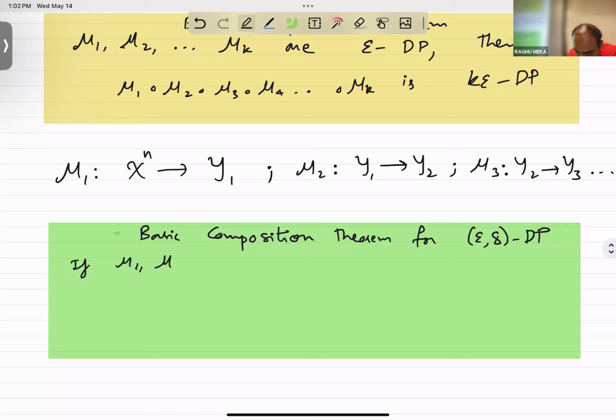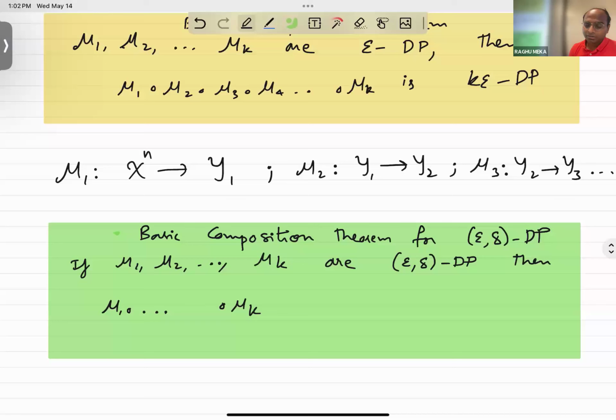If M1, M2, so on up to Mk are approximate differentially private, then their composition is k epsilon, k delta differentially private. Okay, so no mysteries. You lose a factor of k, and you lose an additive k delta. Nothing surprising here.